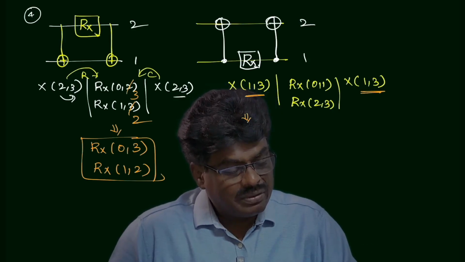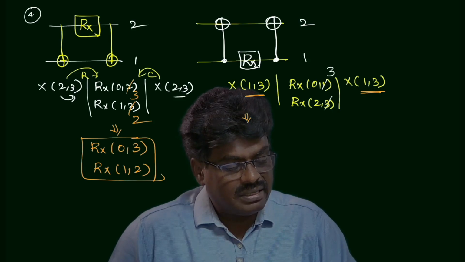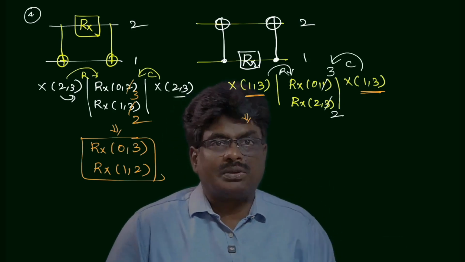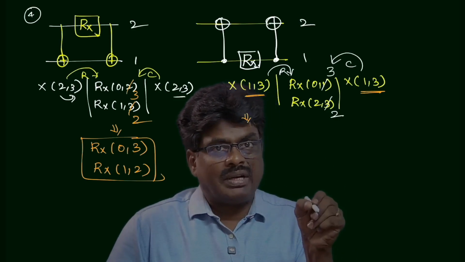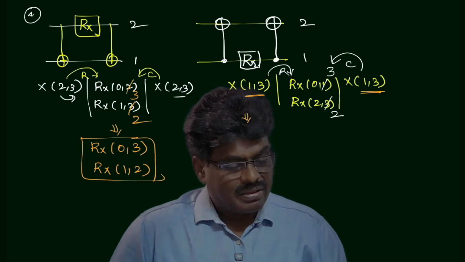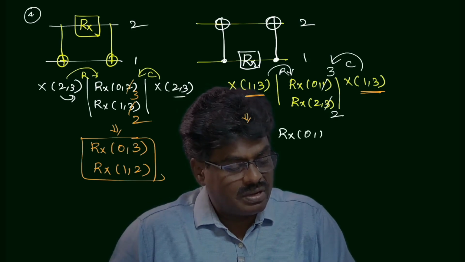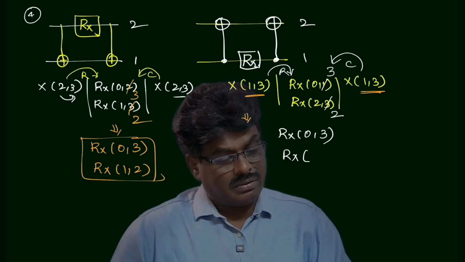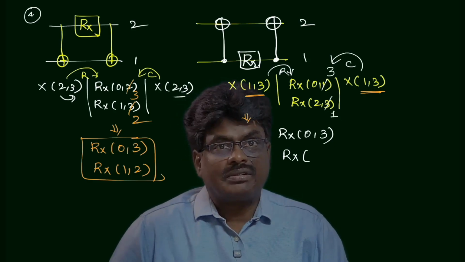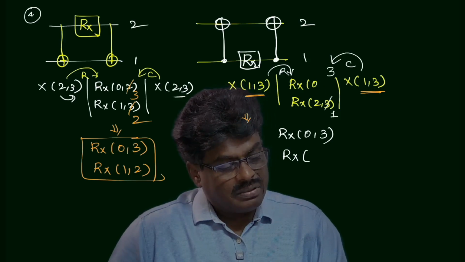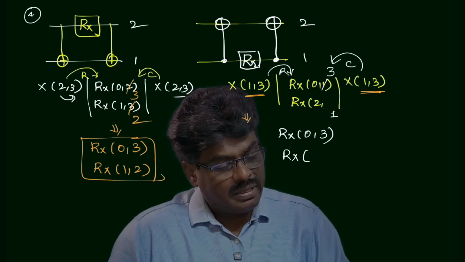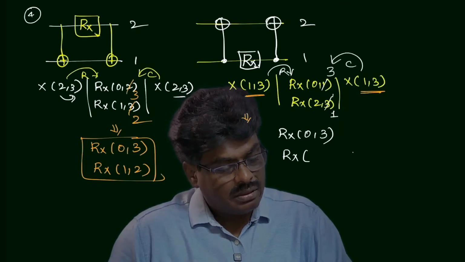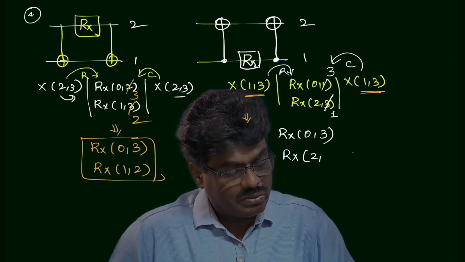So carefully observe, 1 is replaced with 3 and 3 is replaced with 1, because right side you have the same operation and left side also you have the same operation. So right side rows will interchange, left side columns will interchange. So final operation is rx 0 comma 3 and rx, sorry, this is 3 comma 1. So 1 becomes 3 and 3 becomes 1. So that is rx 2 comma 1.